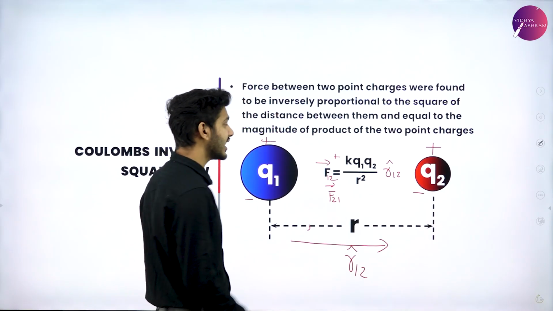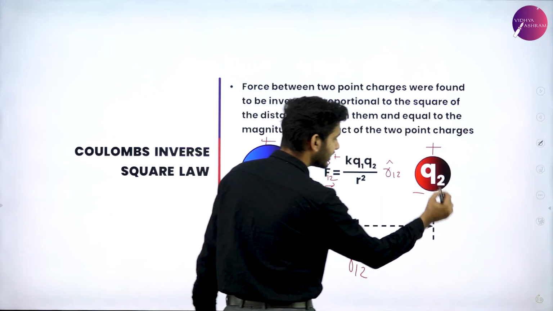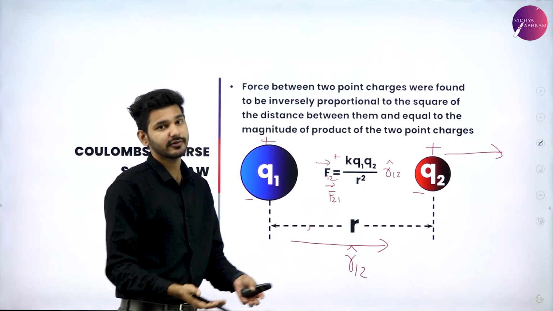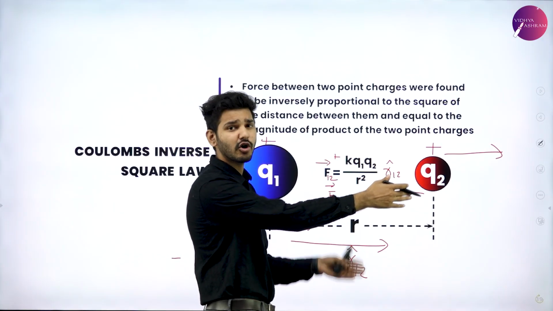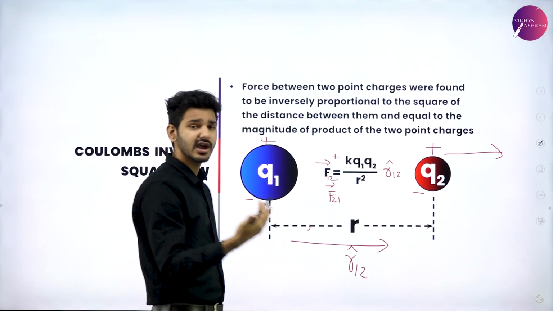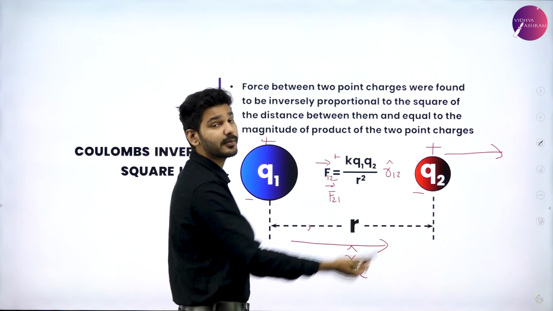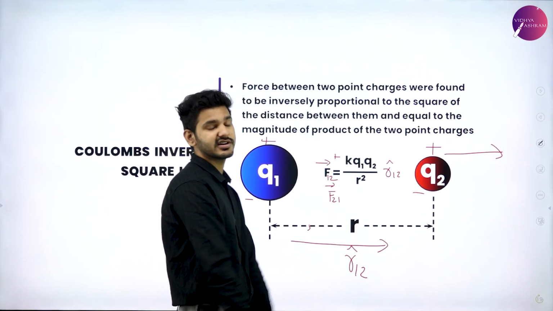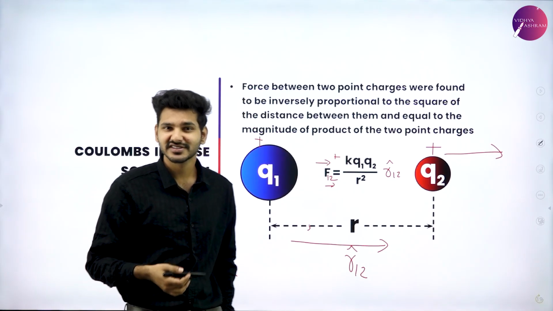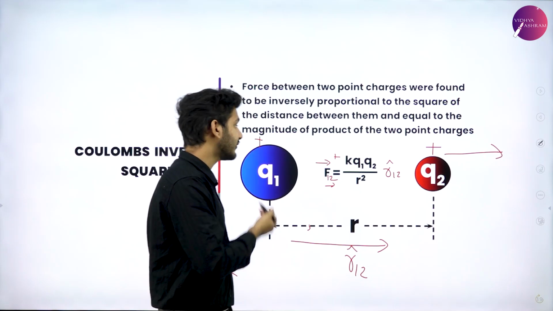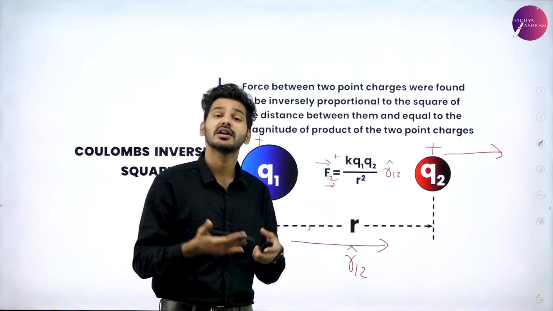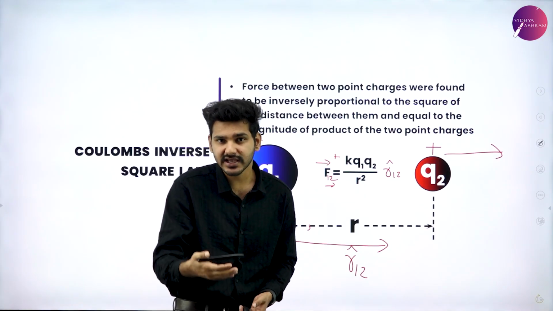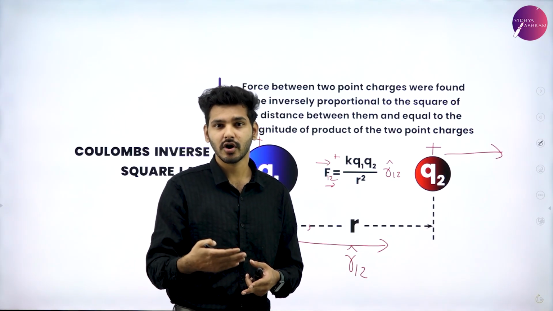That is because if both of them are repelling forces, then the direction of force will obviously be in this direction or that direction, depending on the force, because both are positive charges and they are repelling by nature, and they'll just push one another and move away. So depending on the sign of the charges you have taken into account, the force between them will also change. It can be attractive, it can be repulsive, and the negative sign or the positive sign will just indicate whether the forces are attractive or repulsive.